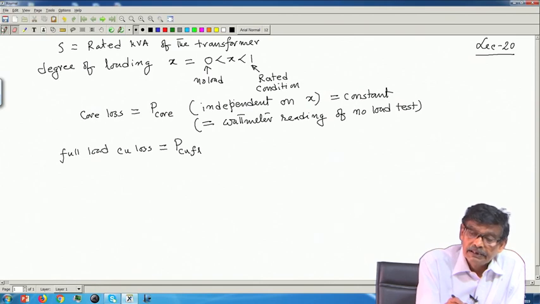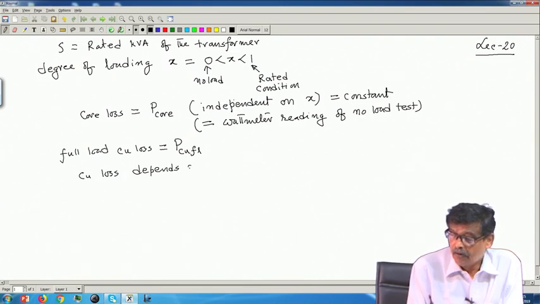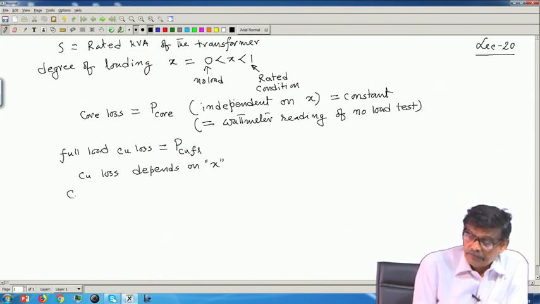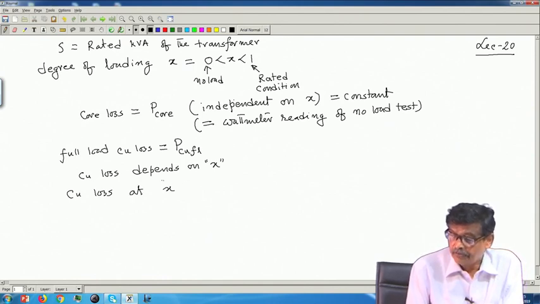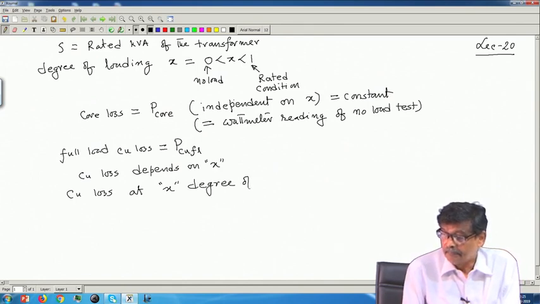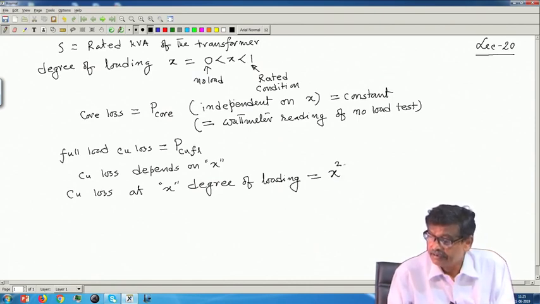Then I told you copper loss depends on x, the degree of loading, and therefore copper loss at x degree of loading, in terms of PCU full load, will simply be x square into PCU full load.